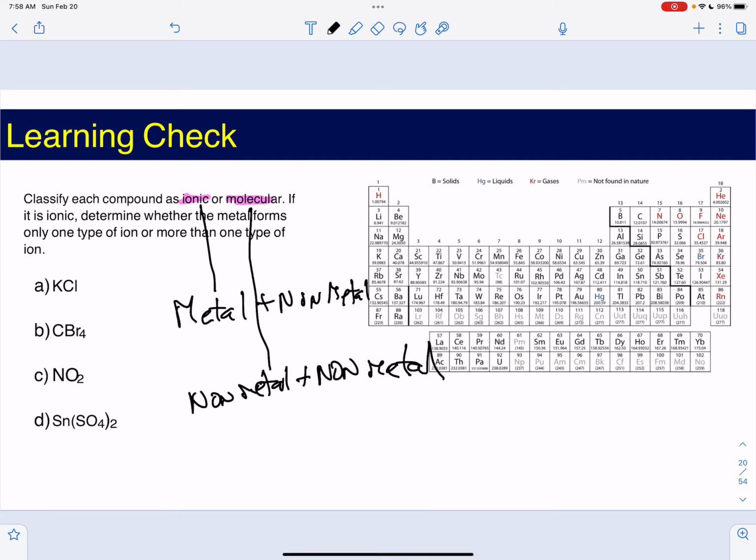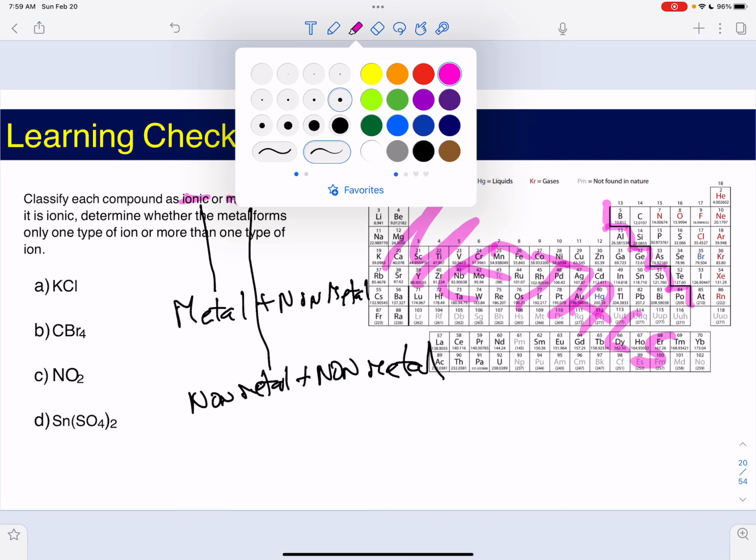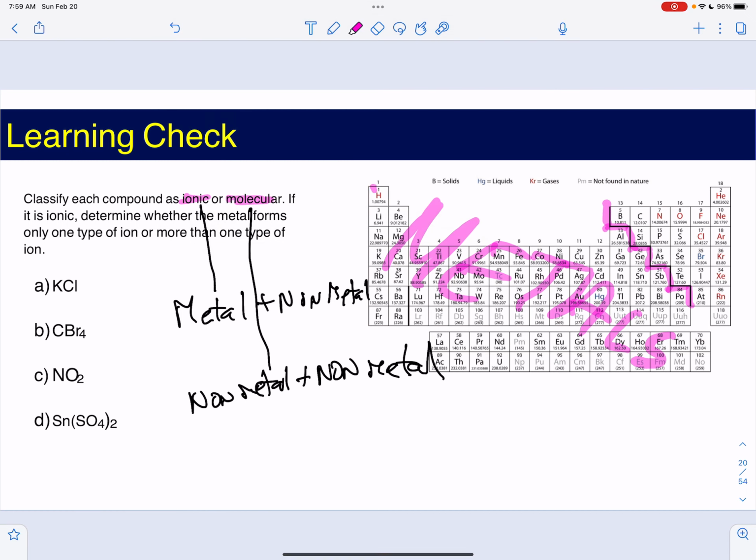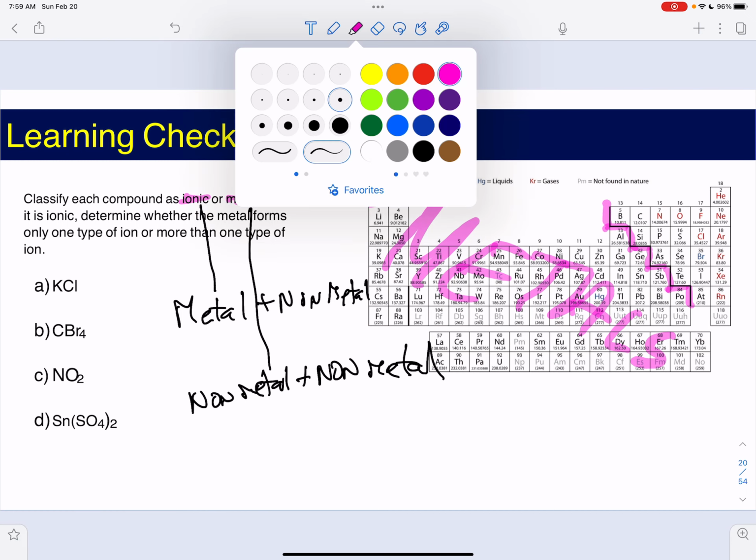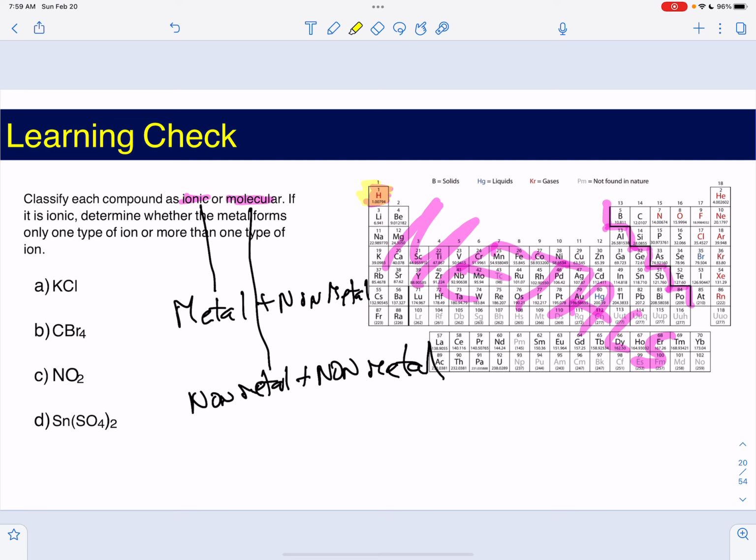And as we look at this division on the periodic table, our metals are going to be on this side, including the ones down there, except for hydrogen. We know hydrogen is a gas, not a metal. So everything but hydrogen.